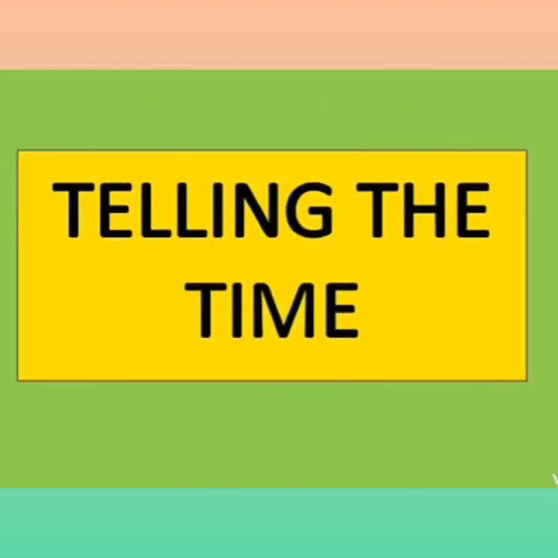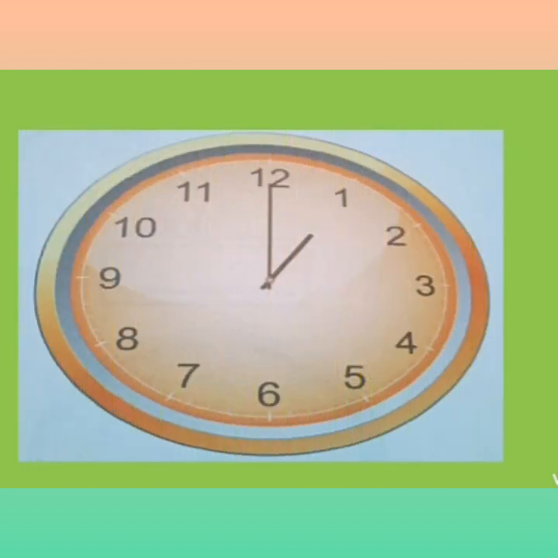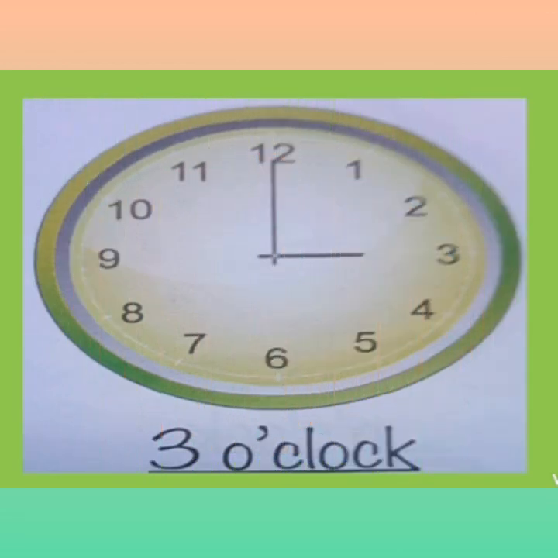Telling the time. What is the time? The time is good, 1 o'clock, because the long hand, the minute hand, is at 12, while the hour hand is at 1. What is the time?